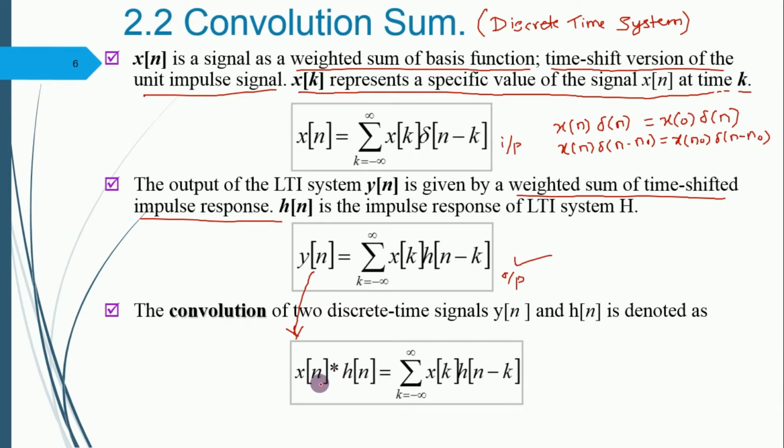So x of n convolved with h of n is nothing but the summation over k from minus infinity to plus infinity of x of k h of n minus k. This is the formula for the convolution sum, and this is the symbolic representation, or operator, of the convolution sum.